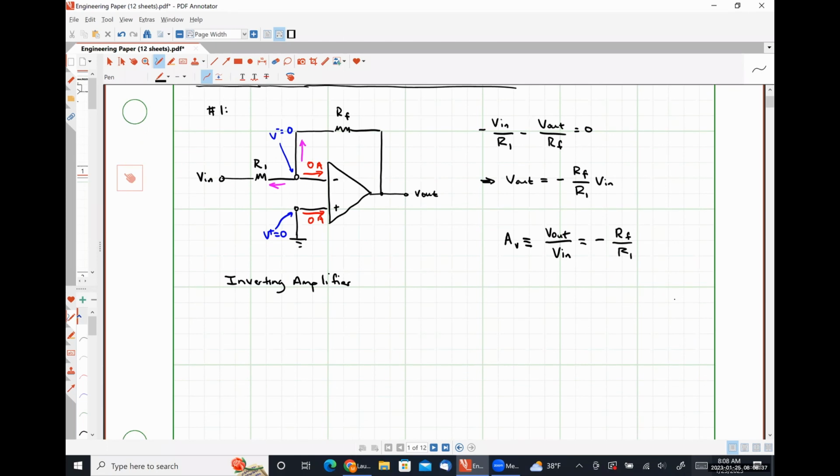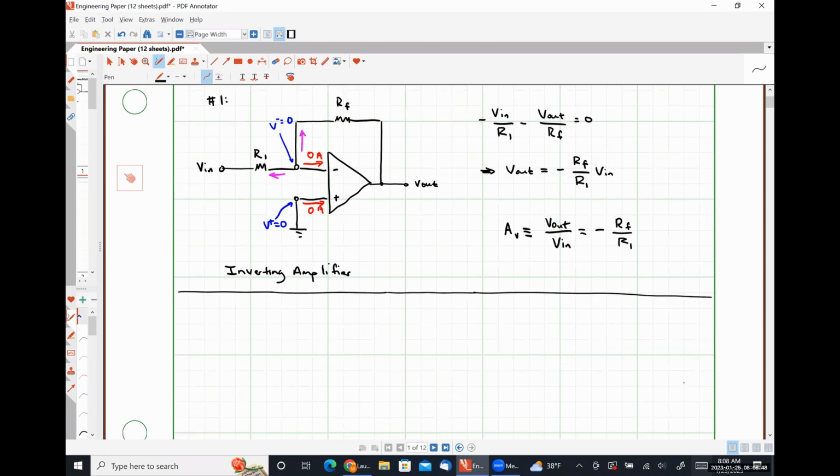Right. Now let's look at our second configuration. And this is similar to something that I had you guys do in the in-class assignment.